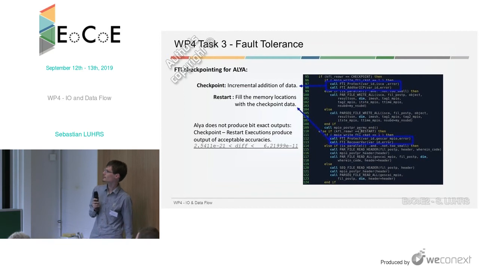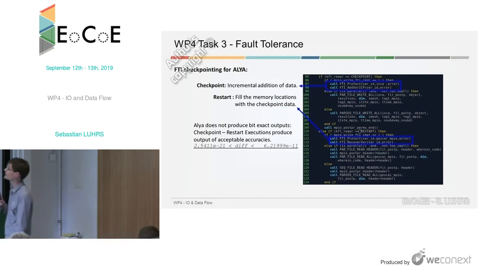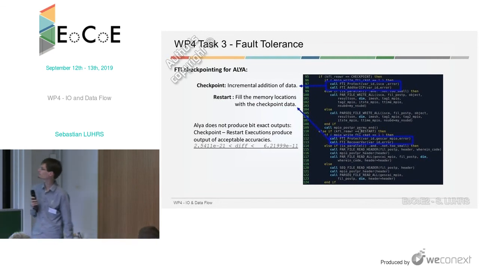On fault tolerance, we had a first activity together with the ALIA code. Here we integrated PDI checkpointing for ALIA by adding the option to store data in a checkpoint and to restart from such a checkpoint.